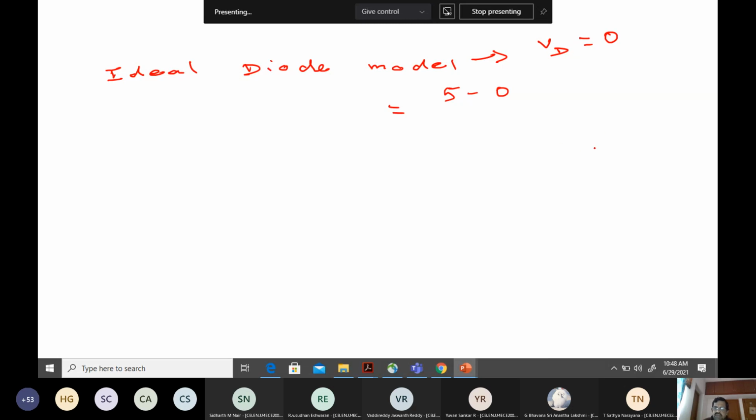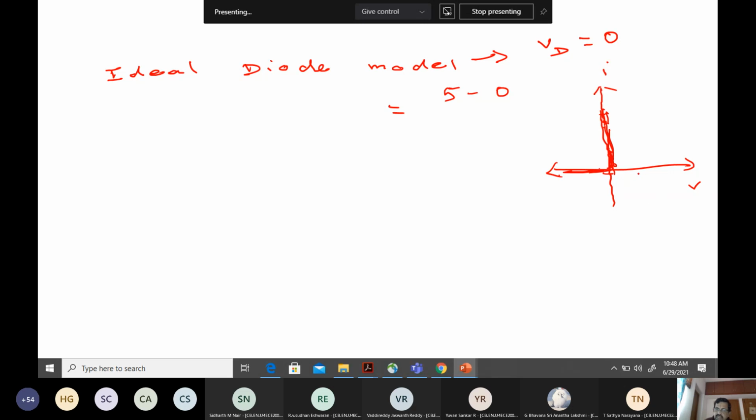If I were to draw the curve, it will be like this. This is my reverse bias, no current flows through. In forward bias, the diode is on and the current flows through. This is my I axis, and this is my voltage.